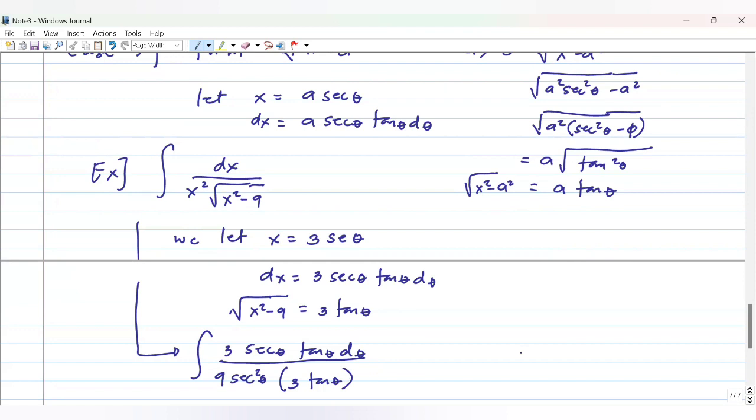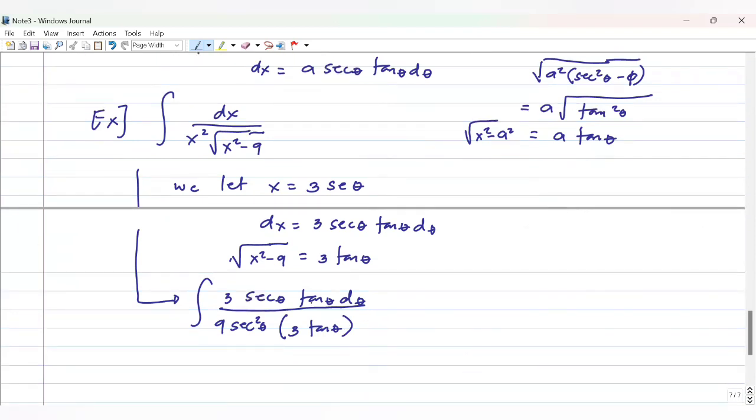Let's simplify. So this cancels out, this cancels out. Sorry, let's put this to be cube. So this is cube and this is 27 because everything cancels out.